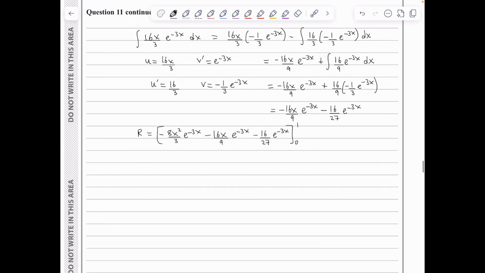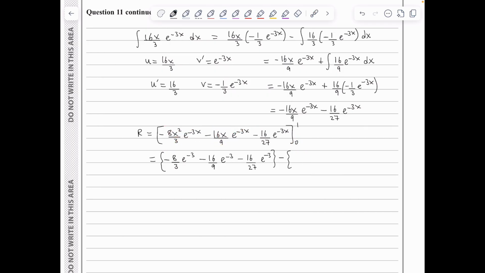So if I substitute 1, we get minus 8 over 3 e to the negative 3 minus 16 over 9 e to the negative 3 minus 16 over 27 e to the negative 3. That's the upper limit substituted minus the lower limit, where the lower limit is 0. So these two terms will simply be 0 because of the x and the x squared term.